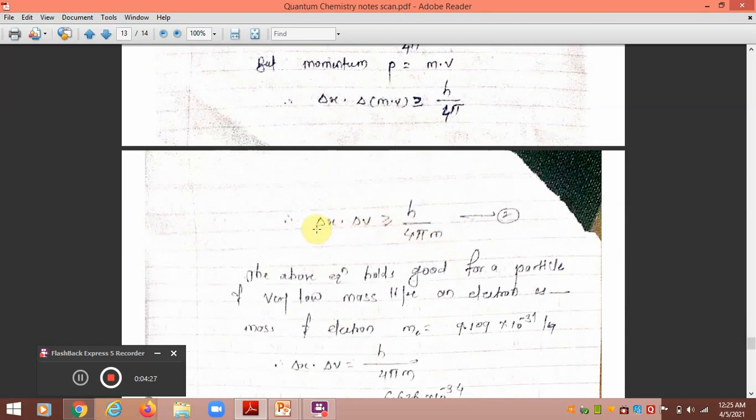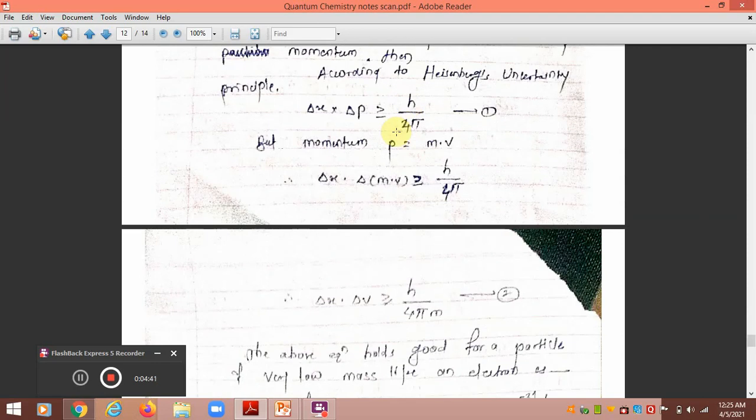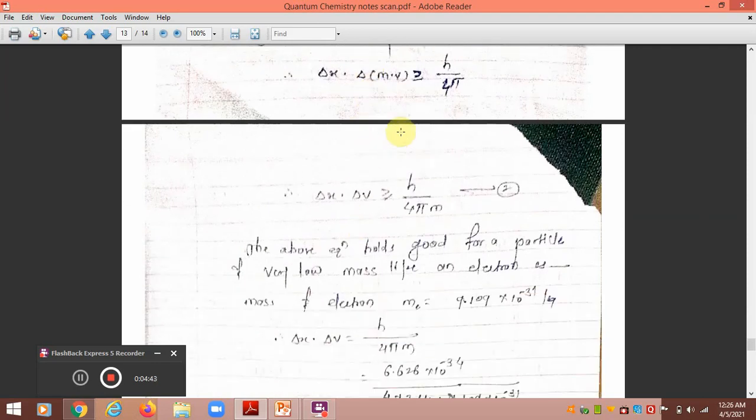Here remember again, delta x is the uncertainty in its position, and delta p is the uncertainty in its momentum. But now the momentum is replaced by velocity, so delta v here is the uncertainty in its velocity.